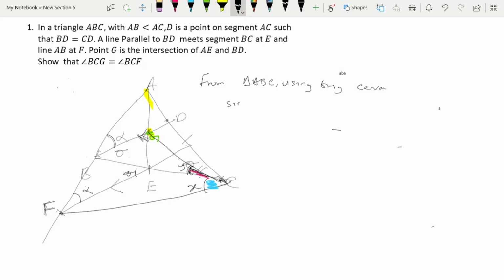we know the sine of this over this, that is sine of angle BAE over sine of angle EAC.